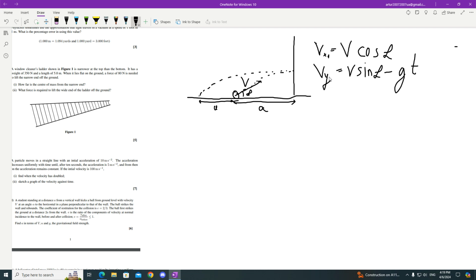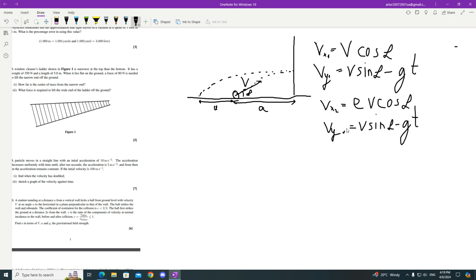So Vx2 is the horizontal speed after, and there are no forces except the rebound that influence it. It's equal to e times V cosine alpha. E is less than 1, so the speed will be less. But Vy is still the same, because the coefficient of restitution doesn't influence it: V sine alpha minus gt.